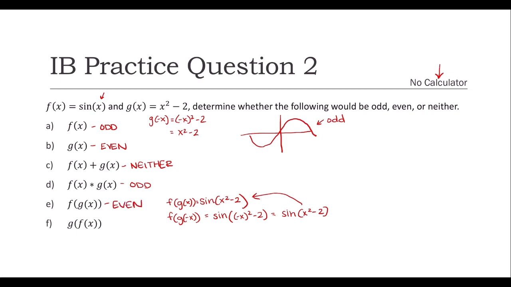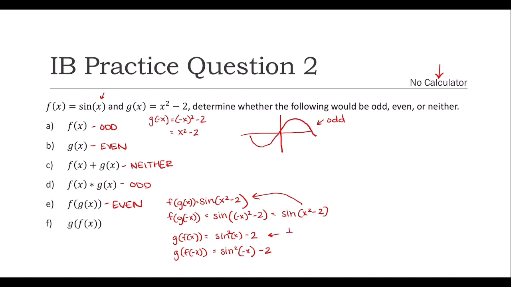Finally, we have g of f of x. So this will equal sine of x squared minus 2. So our g of f of negative x equals sine squared of negative x minus 2. So if we took our sine of pi over 6, for example, in this first one, sine of pi over 6 is 1/2.